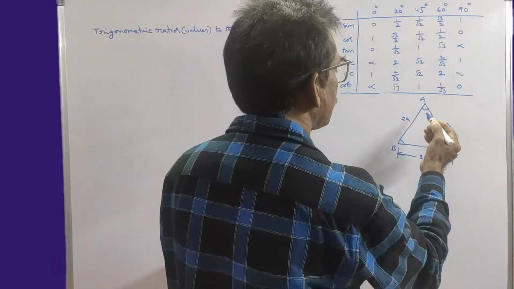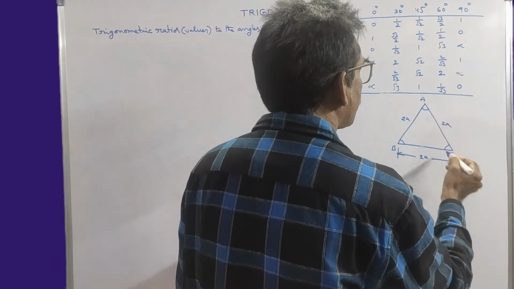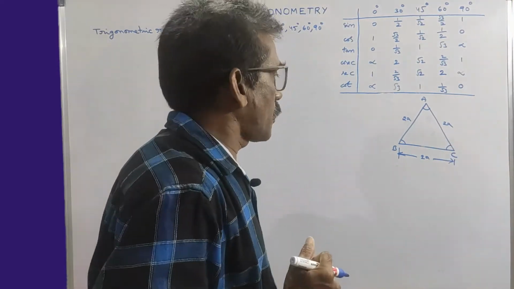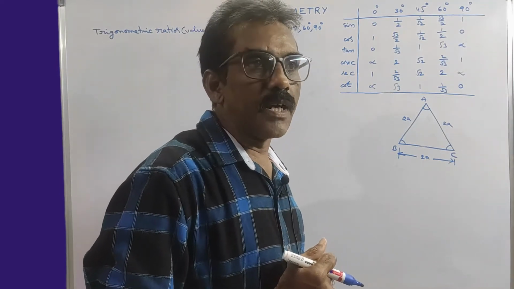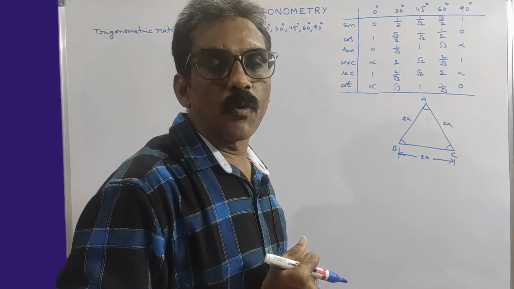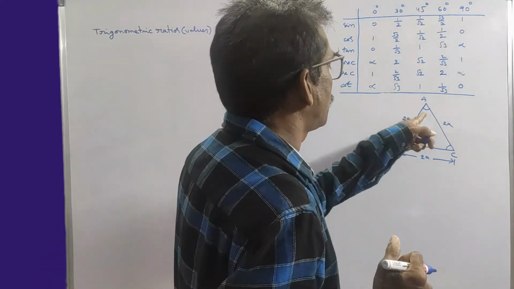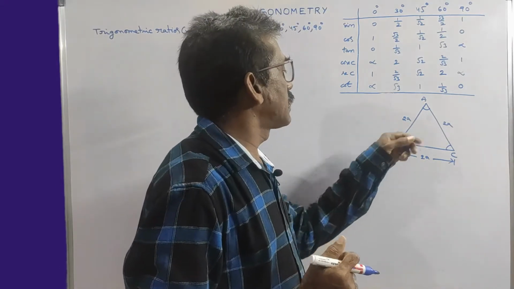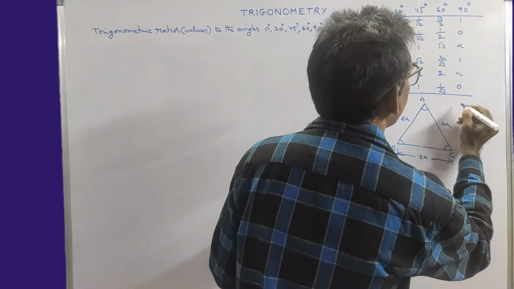Now angles. See, because three sides are equal, the three angles are also equal. The triangle property: if in any triangle the sides are equal, then their opposite angles are equal. According to that property, because this is an equilateral triangle, all the sides are equal, so all the angles are also equal.